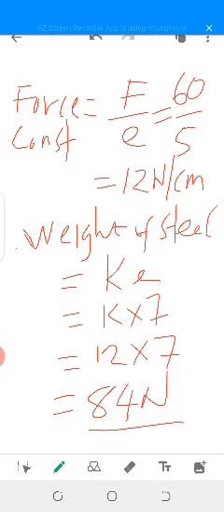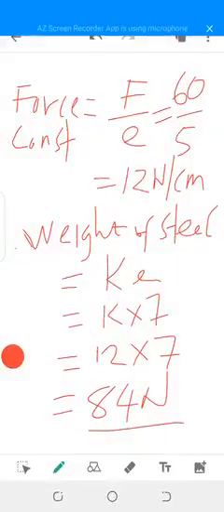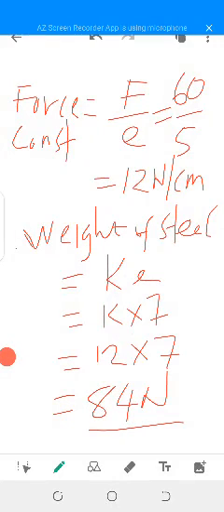Now, the force constant of that spring given to you, the force constant is F over e. That is according to Hooke's law. And you are given the force to be 60, and the extension by which it is extended is 5. So that means the force constant there will be 12 Newton per centimeter.